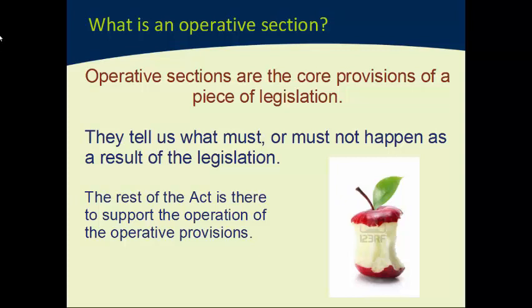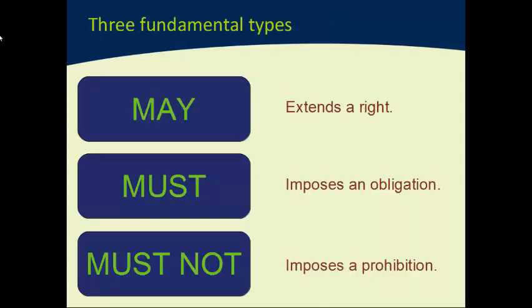Now, before we start drafting an operative provision, there's a few things we need to think about. The first is that operative provisions come in three fundamental types, and we've come across these already earlier in the semester when we were looking at the different types of mischief.